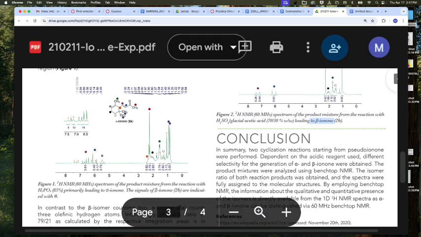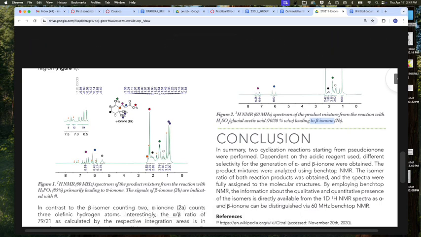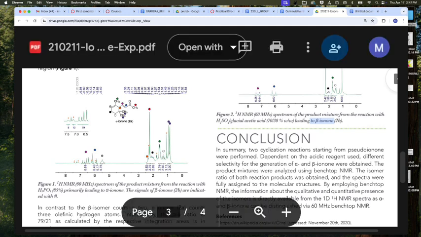All the little colored circles correspond to alpha ionone. And if we look, they're really similar to each other. They're slightly different, which makes sense because of the placement of the double bonds. We'll talk about the structure when we look at the mechanism behind those. But that's what we're trying to navigate through. Does that kind of make sense?